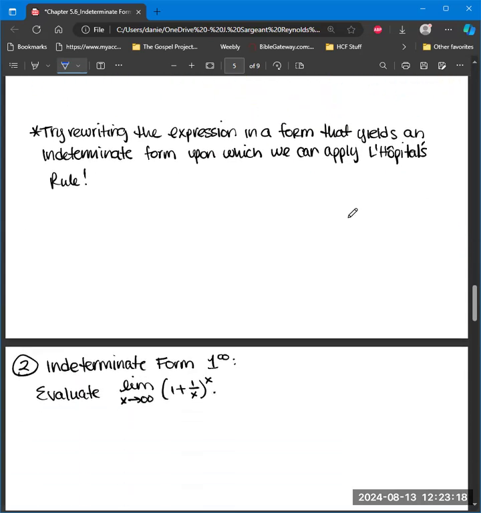So we try rewriting the expression in a form that yields an indeterminate form where we can apply L'Hopital's rule, and don't forget to try our old methods that we have from calculus 1 and stuff like that. This is a definition that maybe you learned in calculus 1. I know that the answer to that is e.